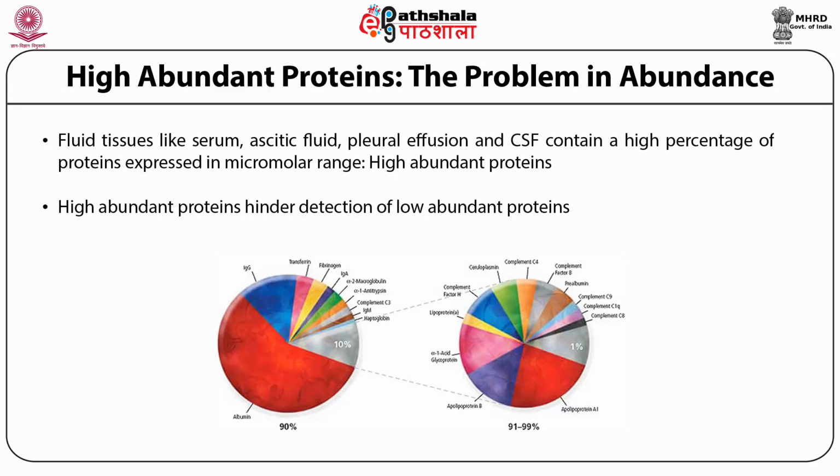We therefore understand that a very small fraction of this particular protein profile comprises the low abundant proteins. We therefore need effective devices and strategies to remove a bulk of these high abundant proteins in order to analyze the low abundant proteins.